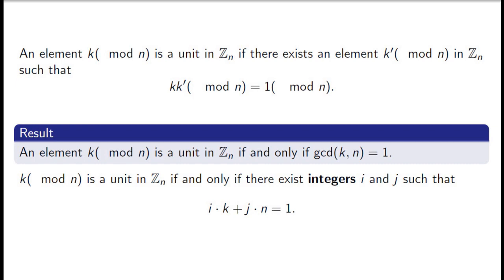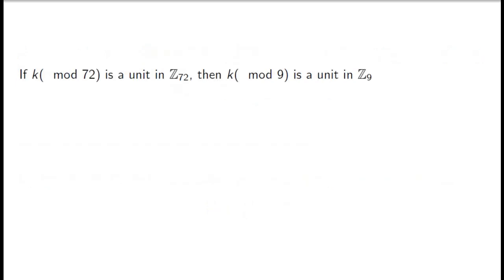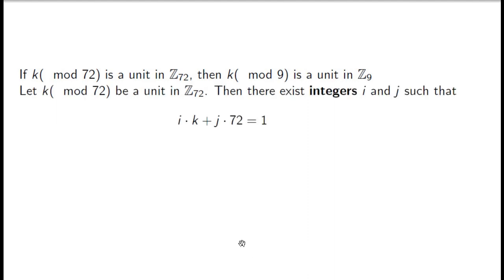So let us consider the first statement. We are given that if k mod 72 is a unit in Z72, then k mod 9 is a unit in Z9. So let us consider k mod 72 to be a unit in Z72. Then by the previous result, there exist integers i and j such that i times k plus j times 72 equals 1.